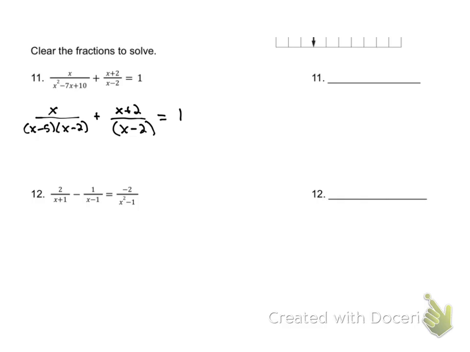So what is the least common denominator there? X minus 5 and x minus 2.